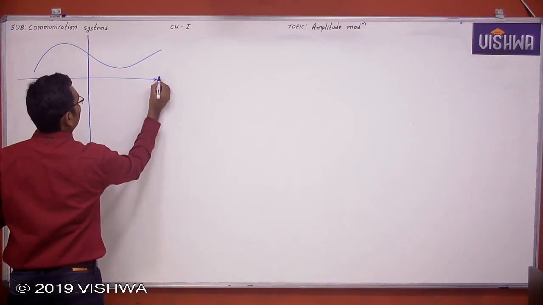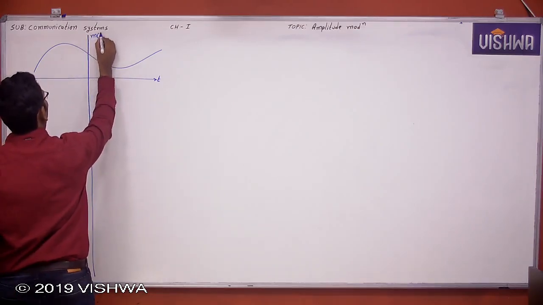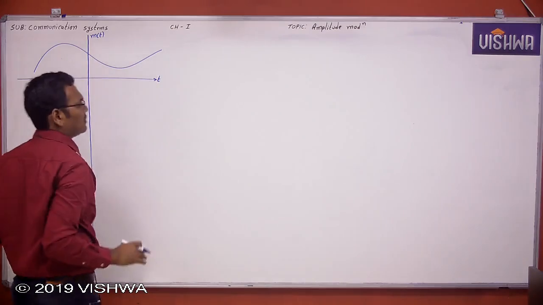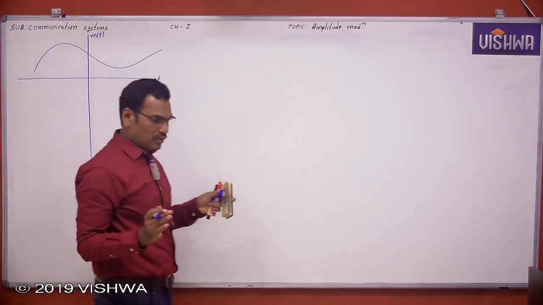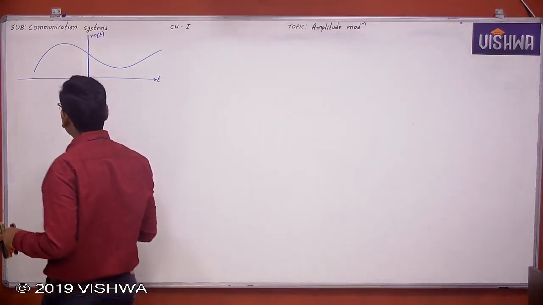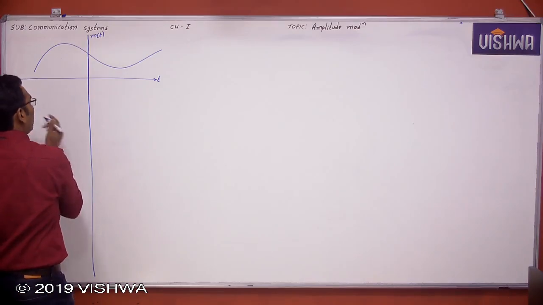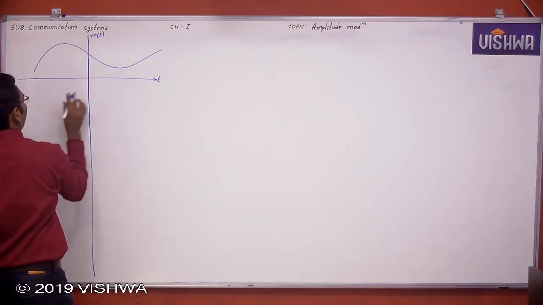This is the message signal, which is the low frequency information. That's why the time period is very high. Message signal, which is low frequency information, means the time period is more. Now this message signal cannot be transmitted for a longer distance, then I take the help of a carrier.